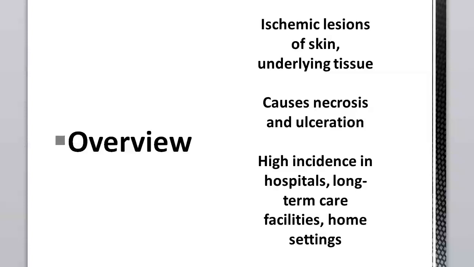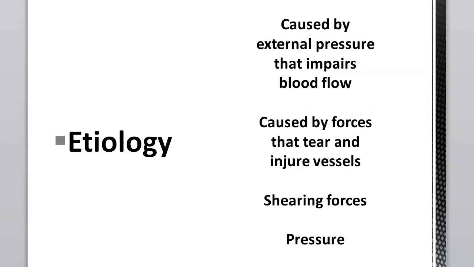Okay, so let's look at the etiology of a pressure ulcer. It's caused by external pressure that impairs blood flow, and by forces that tear and injure vessels, those shearing forces, and by pressure on that particular area. And we know that it is not good for a person to be immobile, or to lie or sit in one position for an extended length of time without moving.